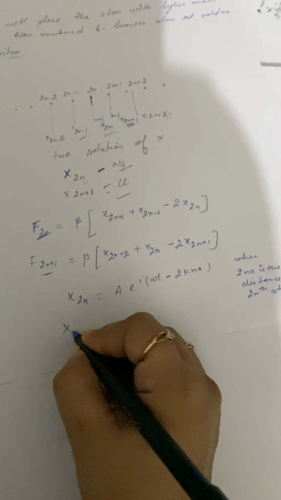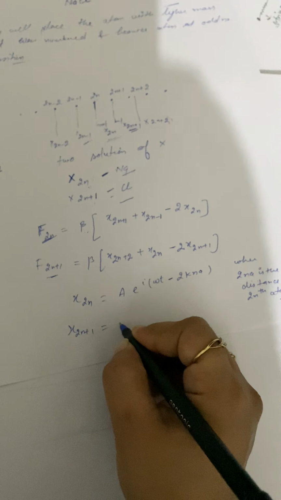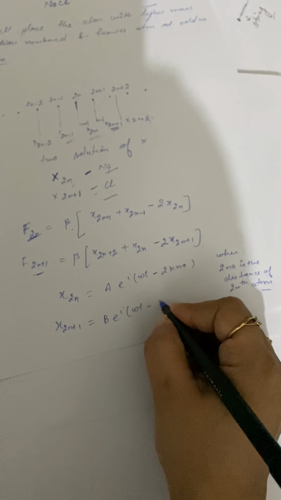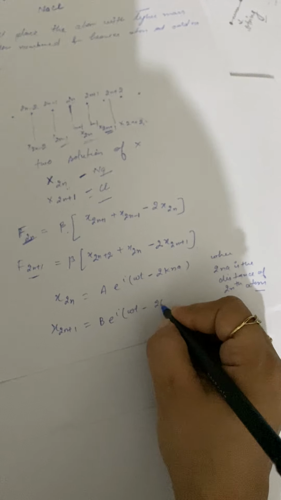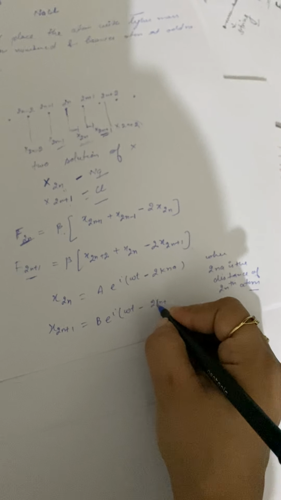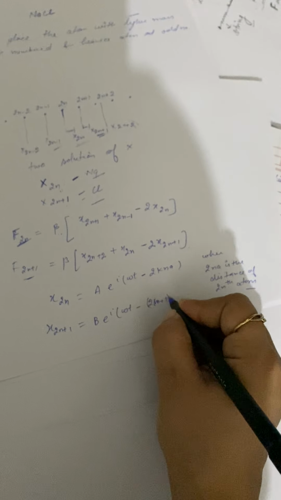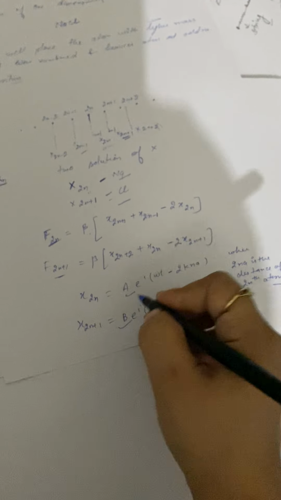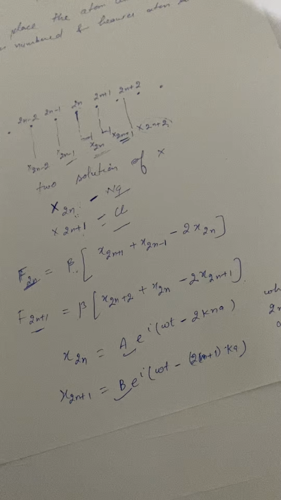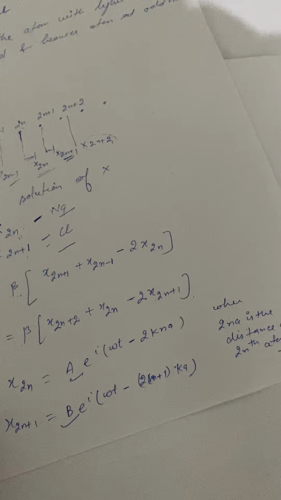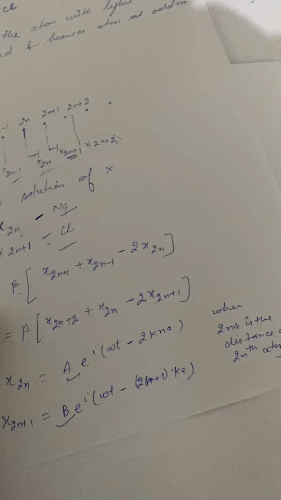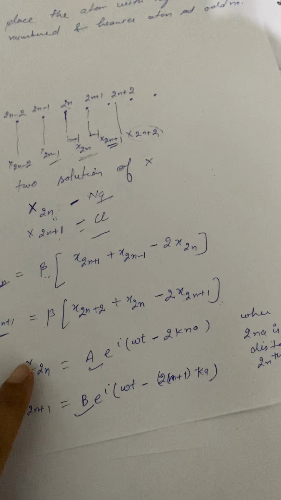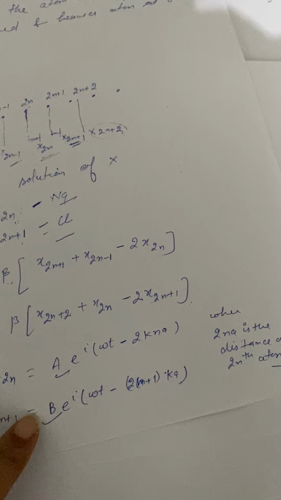Similarly, x raised to power 2n plus 1 is B e raised to power iota omega t minus 2n plus 1 into k a, where A and B are the magnitudes of the vibration of the atoms.